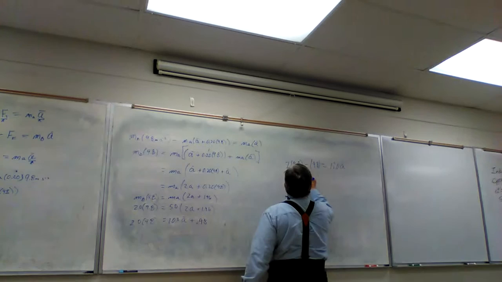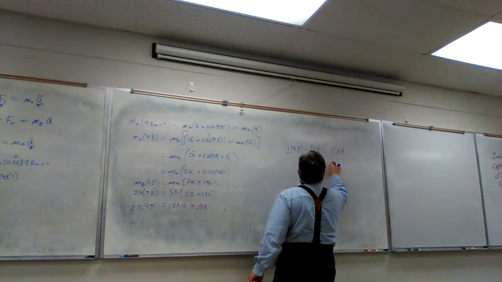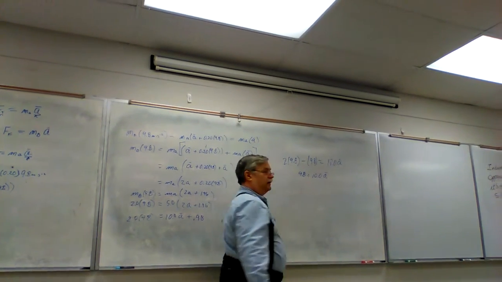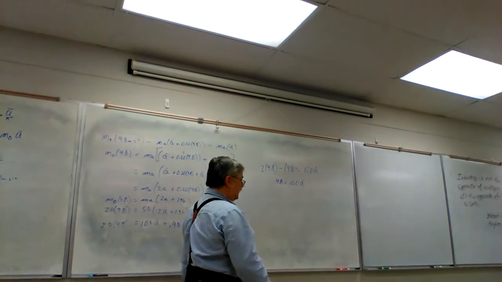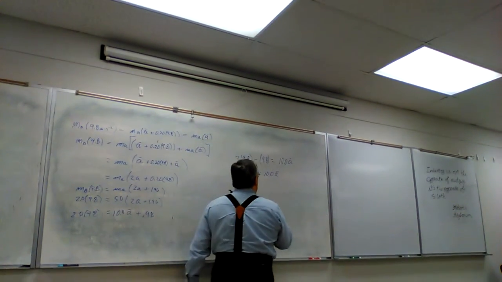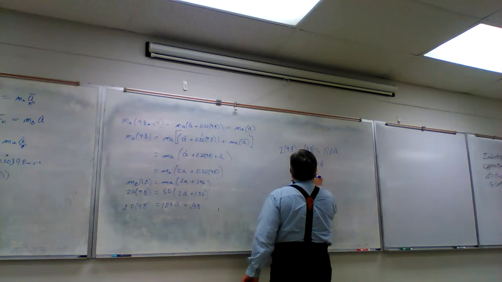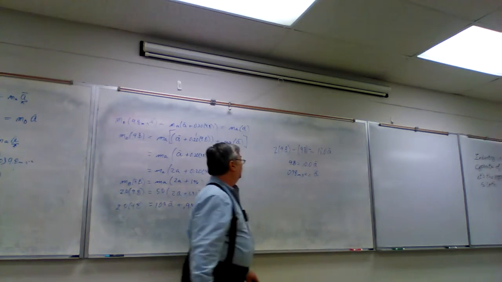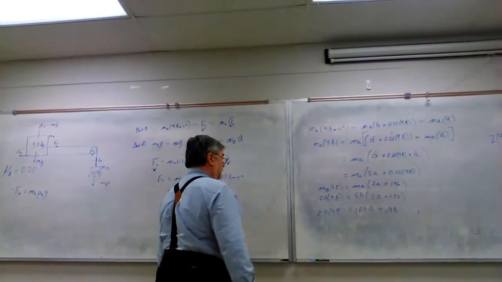So we have 9.8 is equal to 10.0 times A, and that means we can now solve for A by dividing 9.8 by 10, which is 0.98. So our acceleration of the whole system is 0.98 meters per second squared.